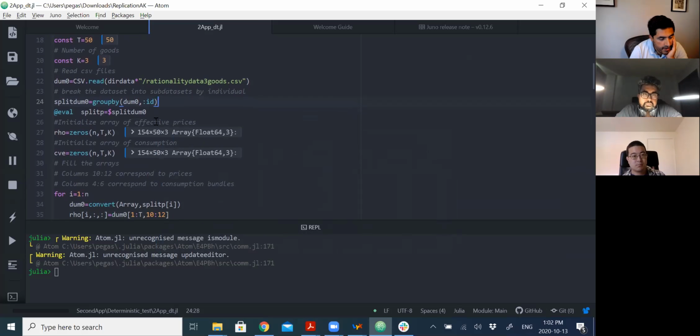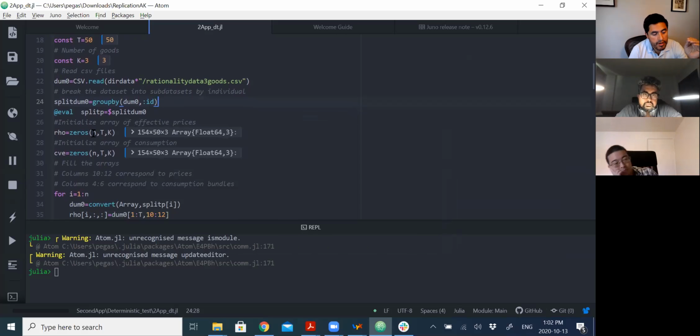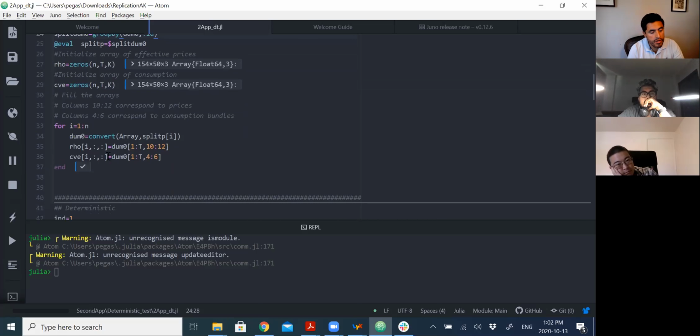So we can then evaluate it and obtain now an array. So I'm filling this with zeros. This is a three-dimensional array, because the first dimension is individuals, the second dimension is time period, and the third dimension is number of goods. And the same I do for the consumption variable.